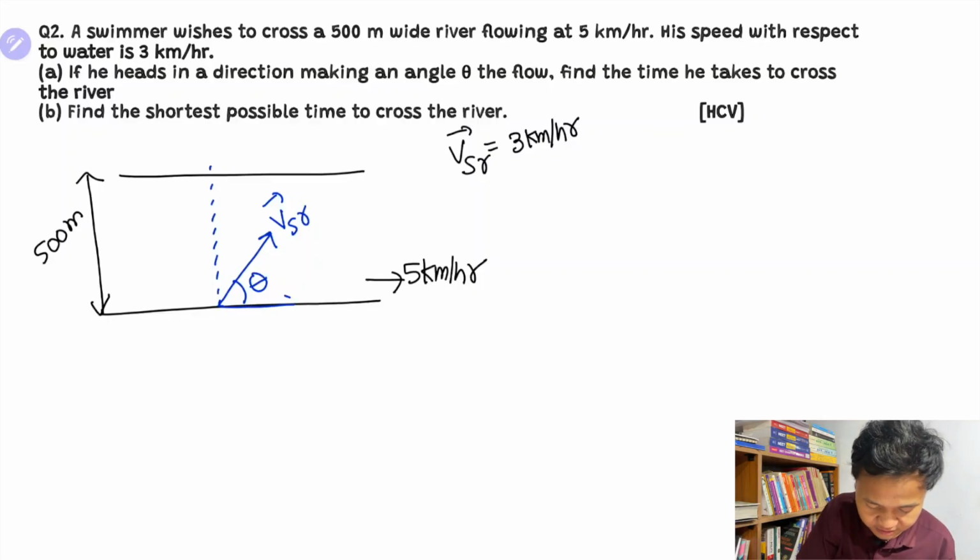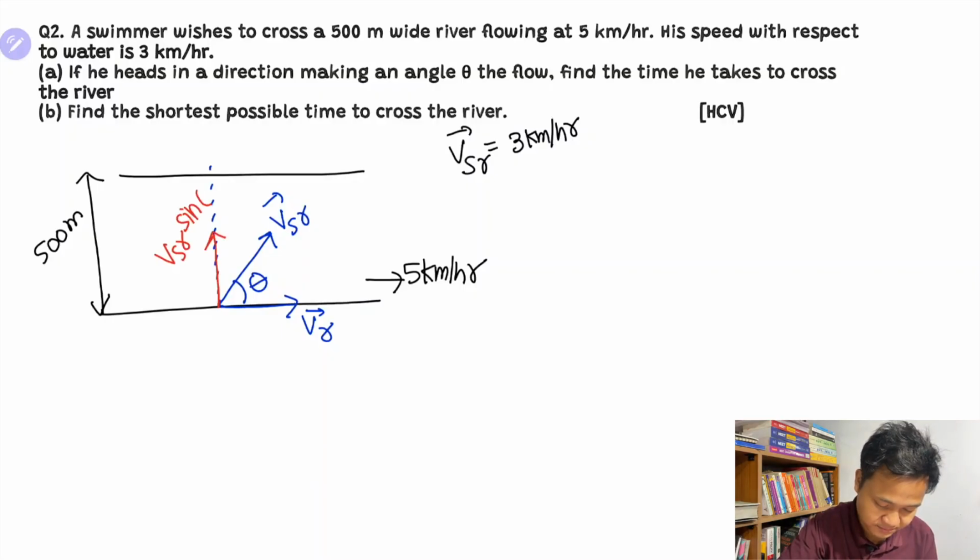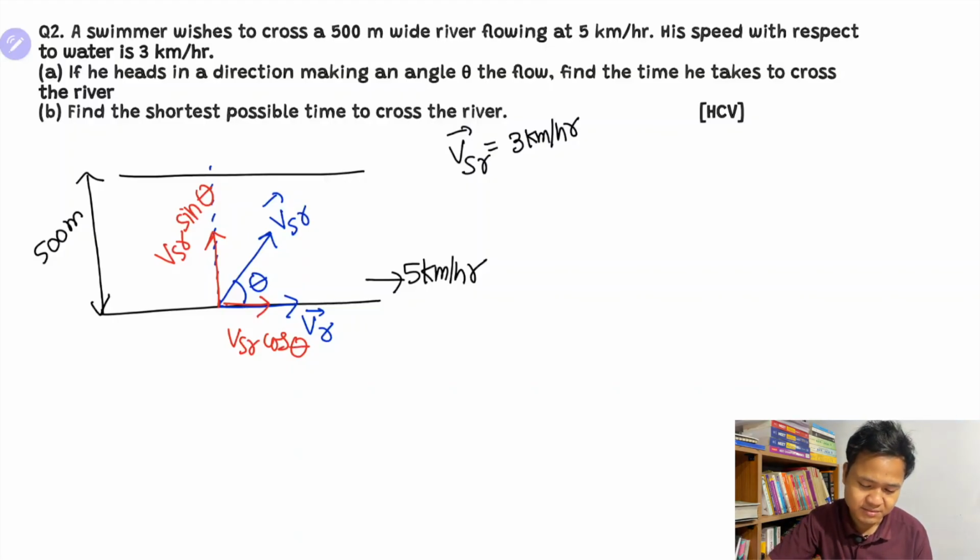Then this is v of river, right? So VSR is neither along x nor y, so you take components. One component is this, VSR sine theta, and another component is along this side, VSR cos theta.